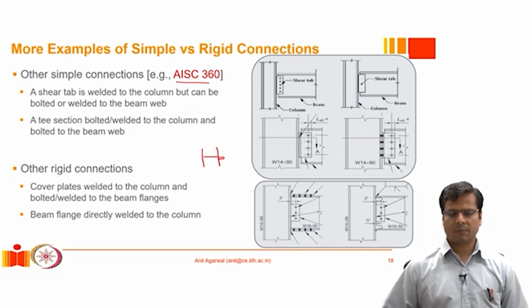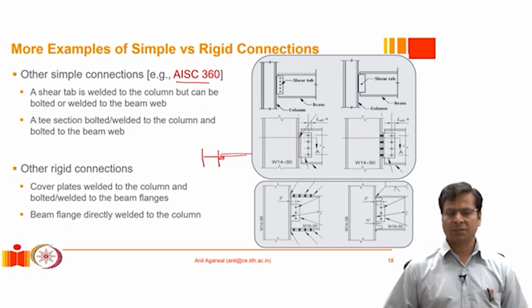Let me draw it again. One plate, and then this is the web of the beam. Now, how do we connect this plate to the column? The only way to do that is to weld it, because there is not enough width available for us to bolt it. So we have only one option, to weld the shear plate.